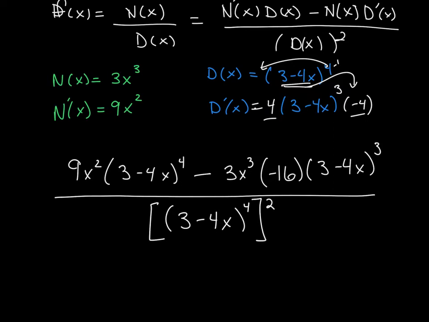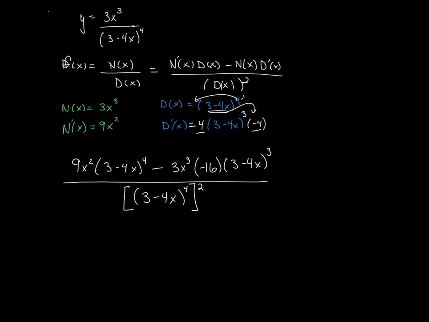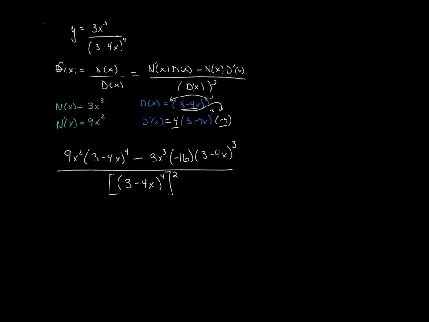So now to simplify all of this, I'll make this a little bit smaller so I can fit it all on the screen at the end for you guys. So now I simplify this out. I'm left with 9x squared times 3 minus 4x to the 4th power.